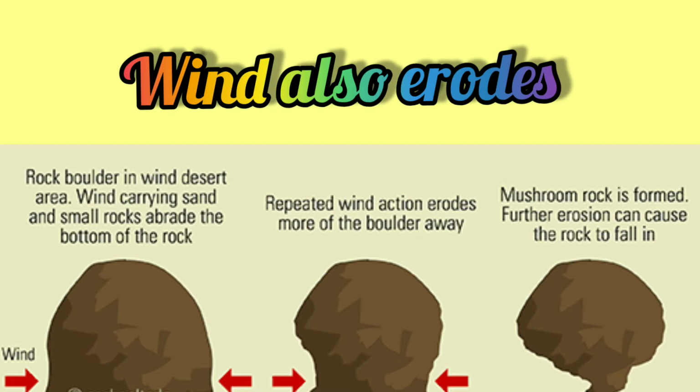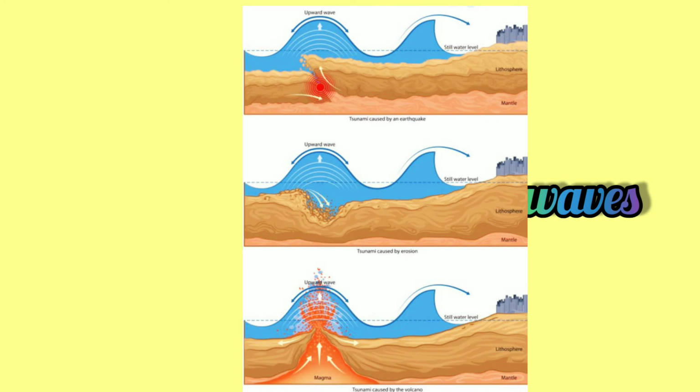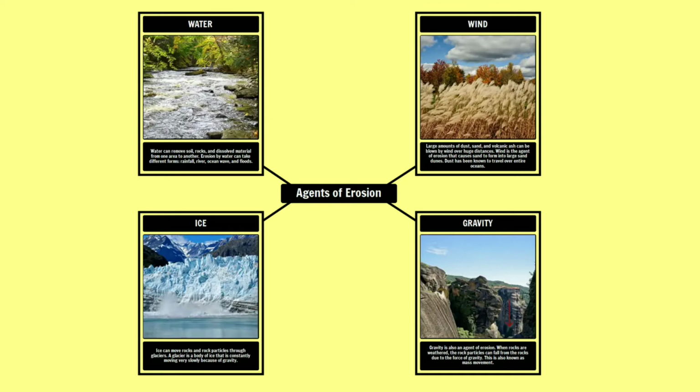So the external processes are actually the process of erosion, which is a continuous process by the natural agents of erosion. What are the natural agents of erosion? We have water, air, tidal waves, and glaciers.